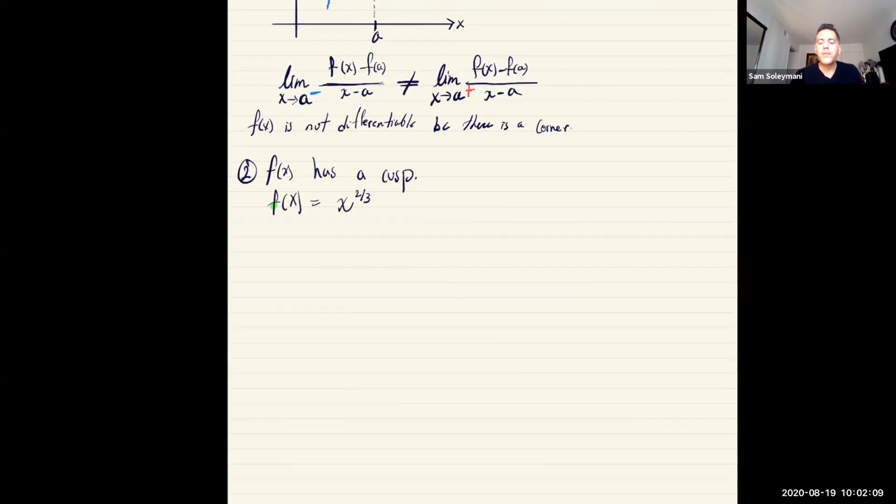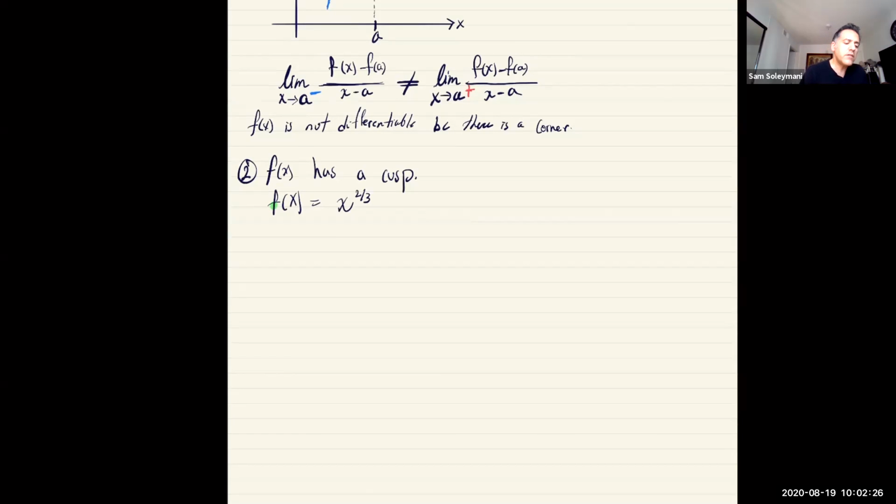So for x to the power of 2/3, if you were to graph this, I'm sure that by now you guys have passed Math 7, so you should know what the graph should look like.